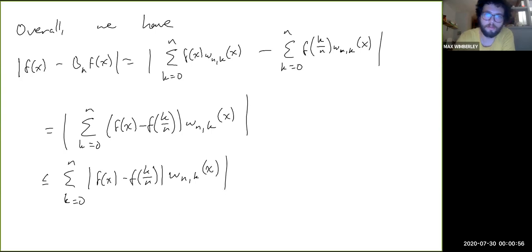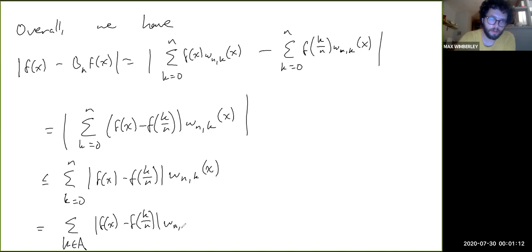We can split this into two series: the sum over k in A of f of x minus f of k over n times wnk of x, plus the sum over k in B of f of x minus f of k over n times wnk of x.